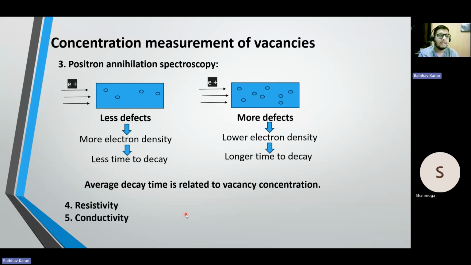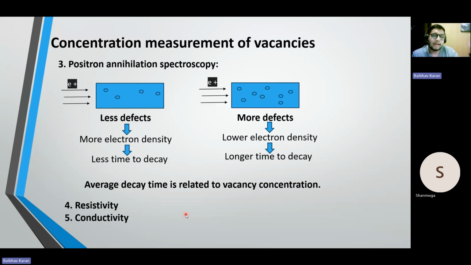This resistivity hinders the flow of thermal energy and electrical energy. The opposite of resistivity is simply conductivity, which is how much thermal and electrical energy can pass through the material.